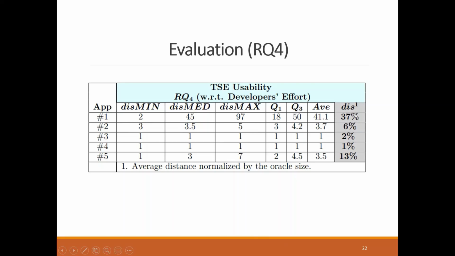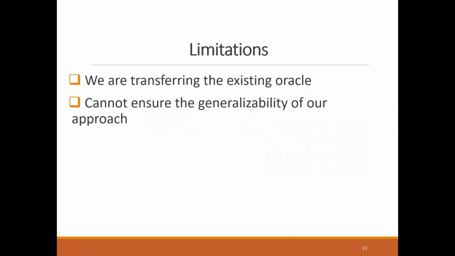For application 1, the result was not convincing, but for other applications we found good results. And once again, this distance of 1 was because of a naming difference. So for test cases generated by TSC, the developer will change only a few tokens, which is really motivating. So this is all about our evaluation.